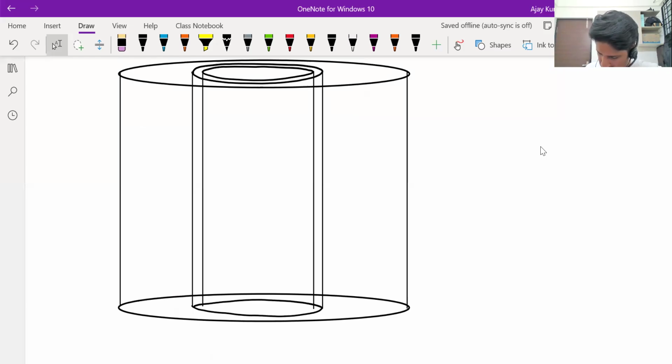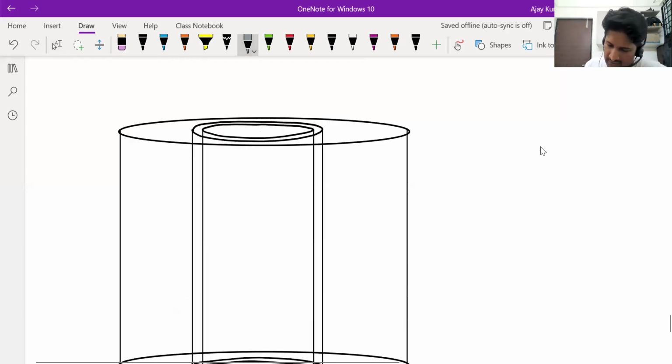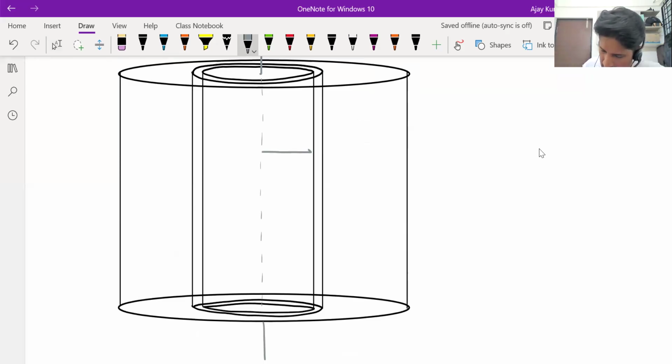Its axis is also the z-axis itself. Consider this thick hollow cylinder. Assume its radius is small r and its thickness is dr.